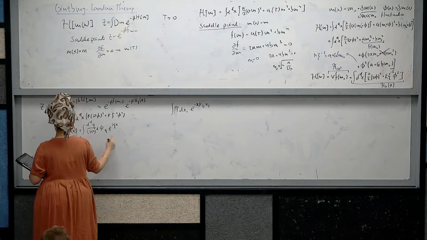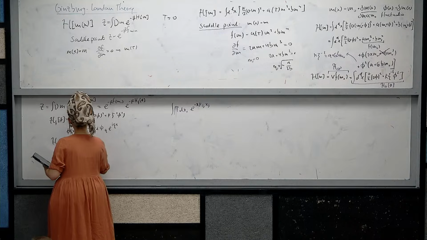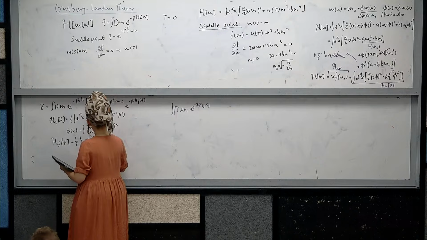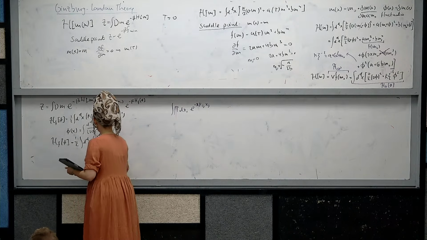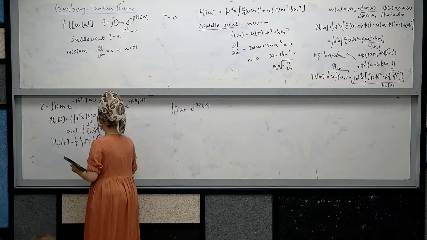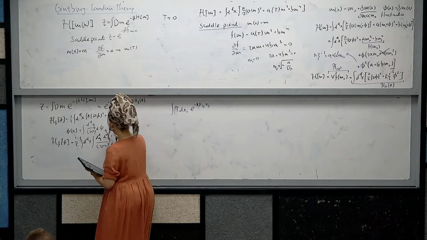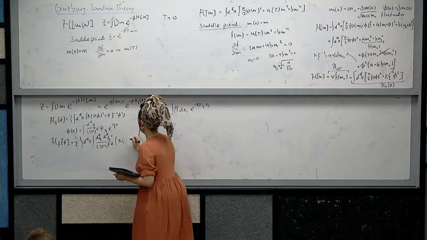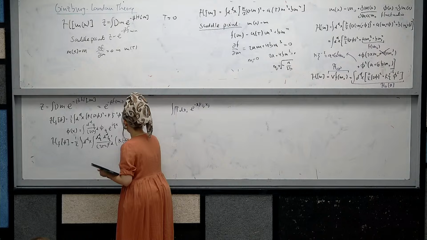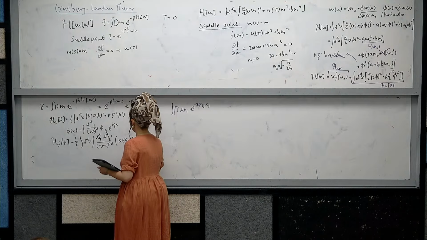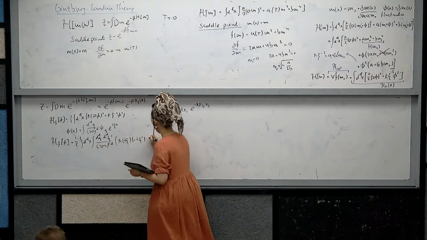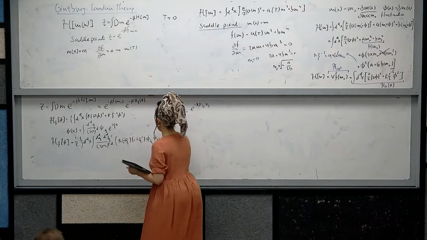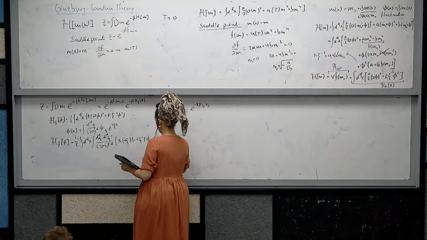Okay, I'll just write the big form for once. So this takes out minus iq minus iq tag.